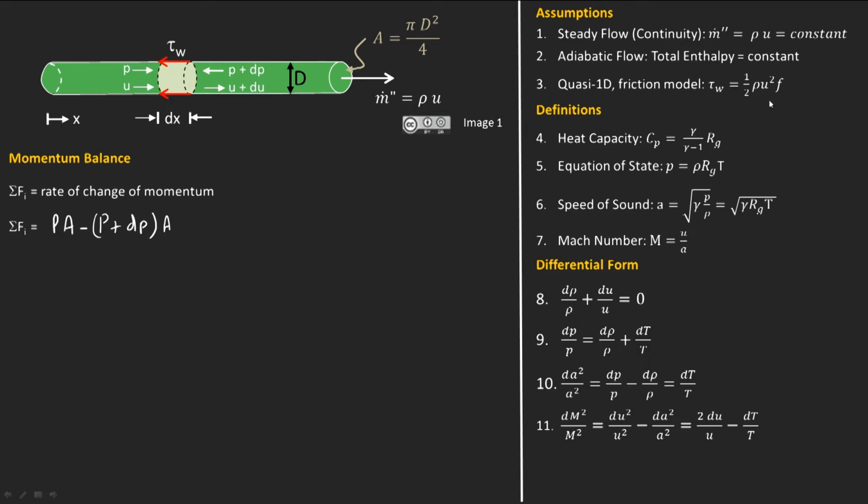Now if we want to formalize this with the understanding that this frictional shear stress is acting all along the area wherever the fluid touches the wall, which is this circumferential area A sub c, which can be written as pi times d times dx, we can use this information to write a frictional force acting on the control volume as the shear stress, which is half rho u square times F, multiplied by the area on which it acts, which is this A sub c, which can be expressed as pi times d times dx.